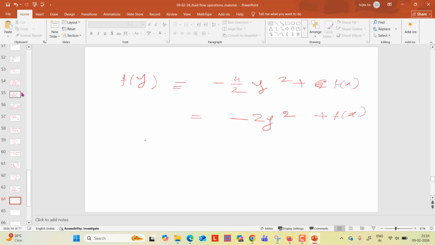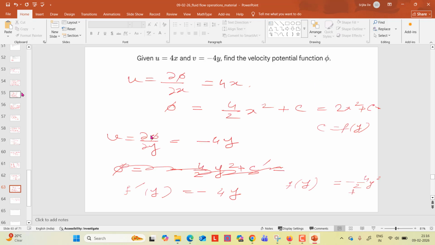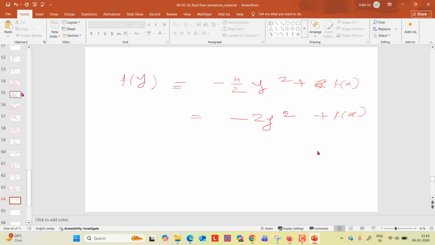Also from the previous one, here also it is coming as phi equals to minus 2y square plus c. Another approach I am telling, c prime. So this final potential function is 2x square minus 2y square plus c. So this is your answer.